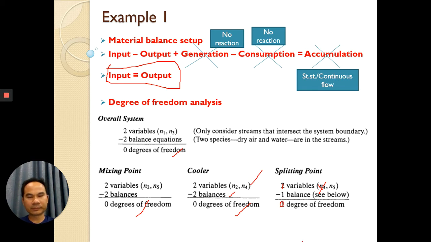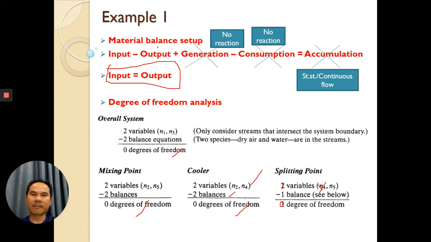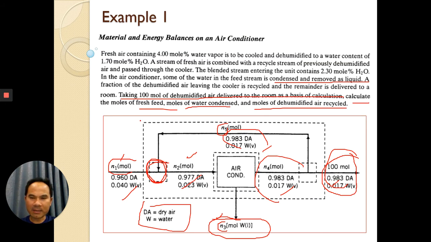In the first step, we make the overall balance. First we make the overall dry air balance. Dry air input: the fraction of dry air is 0.96 mole dry air per mole total, multiplied by N1 mole total, we get mole dry air.